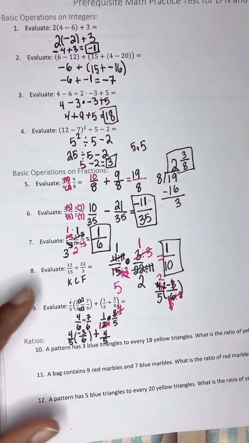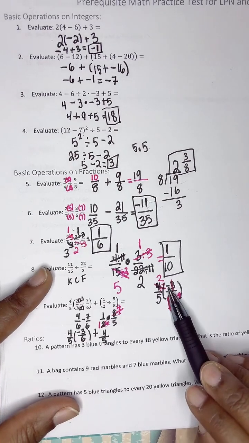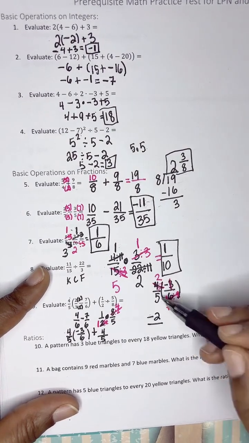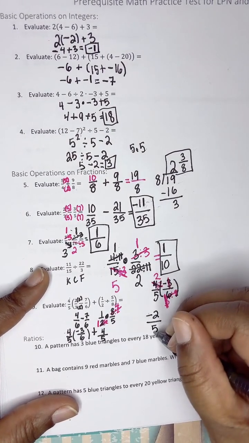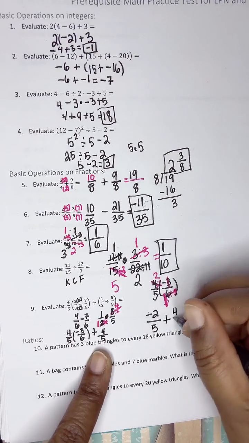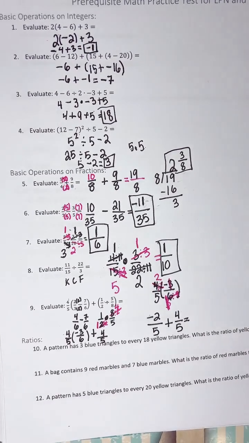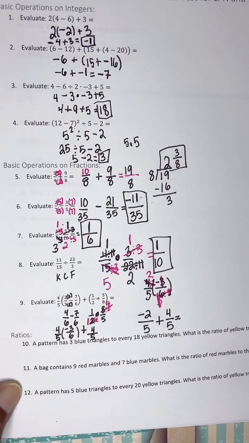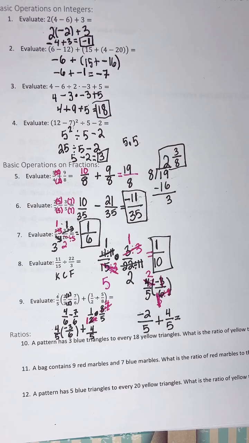So I'm left with a -1 times 2, so -2 over 5 times 1 is 5. Plus my 4/5. Okay. Good. I see.